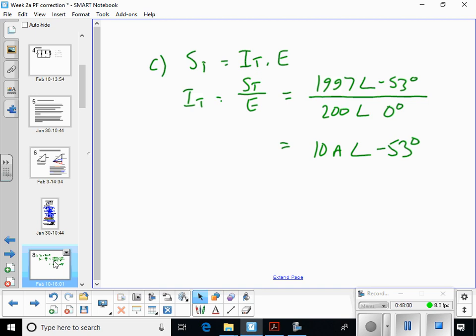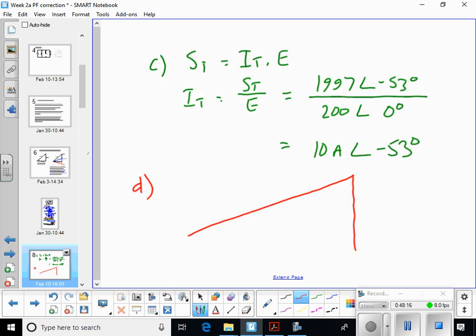Right. D. So we've currently got this situation, and I'm going to draw the triangle this way up. We've got the red triangle there.